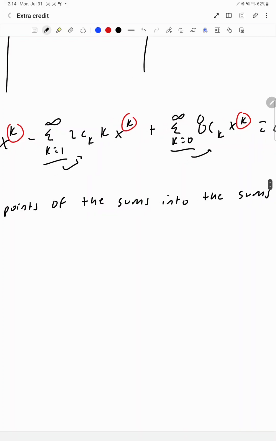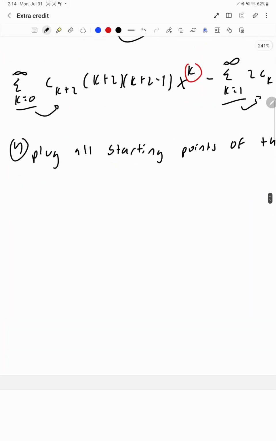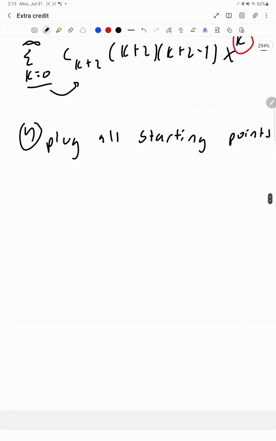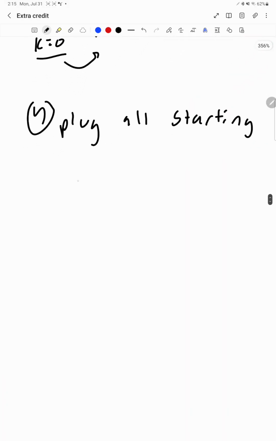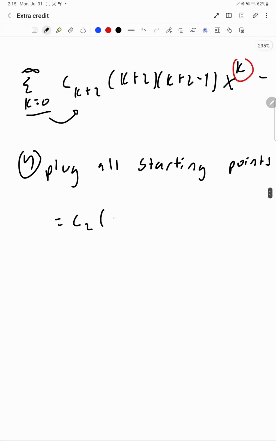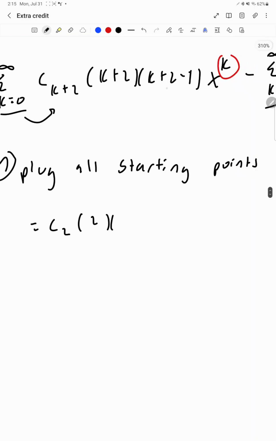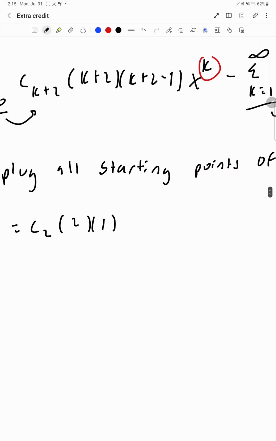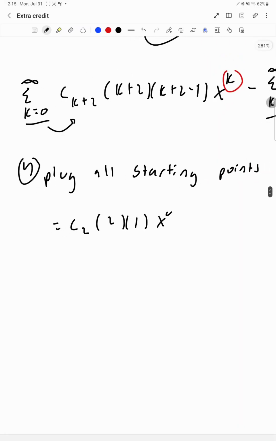And then what we're going to get is, once you do that, C2 times 2 times 1 times x to the 0.